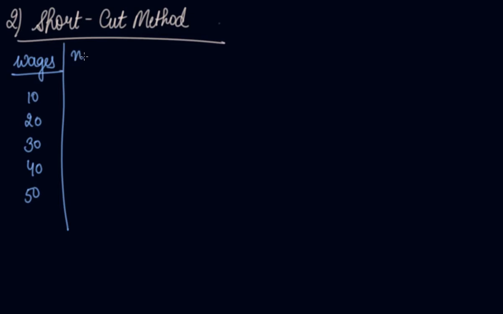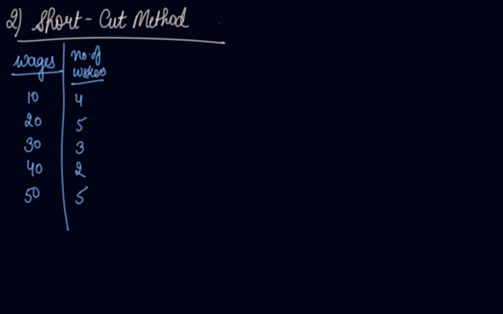Now understand the shortcut method. We will solve the same question, that of wages, using the shortcut method. Wages are 10, 20, 30, 40 and 50. Number of workers are 4, 5, 3, 2 and 5.